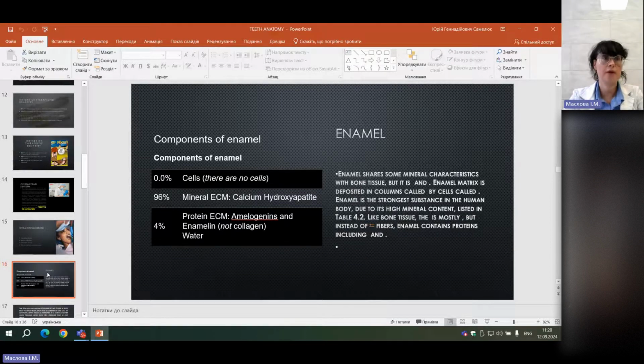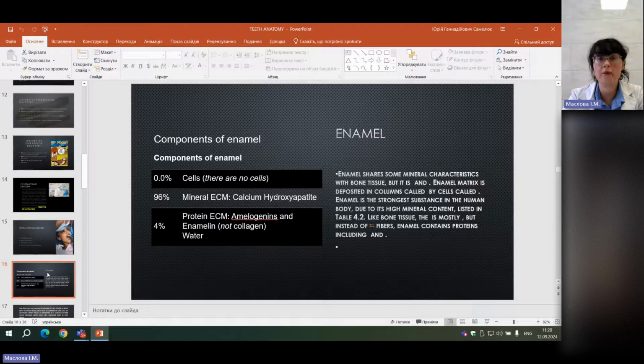For example, functions of defense, trophic functions, functions of repairing and others. The main components of enamel.